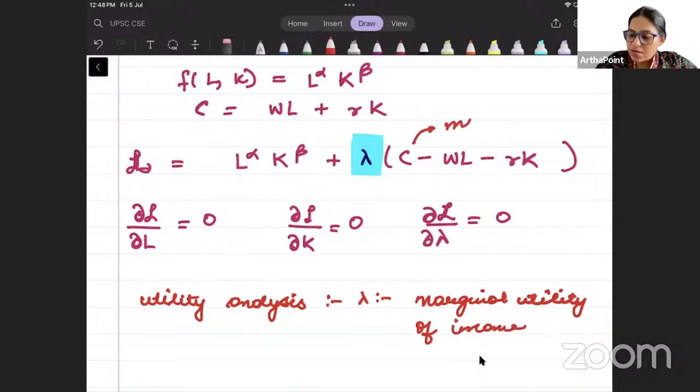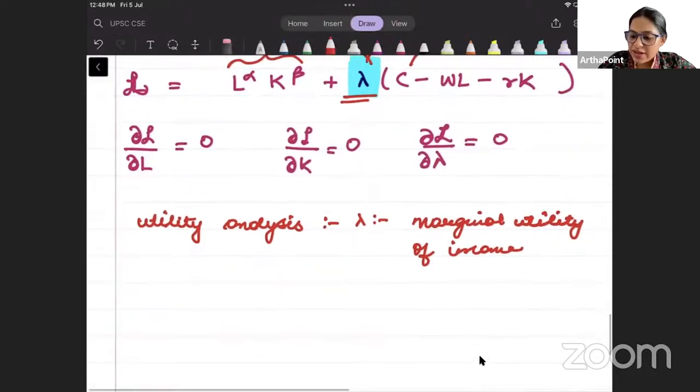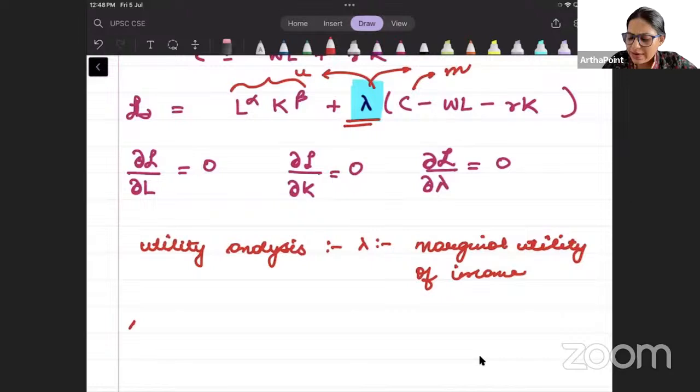Income was coming here. This was your utility function. And I told you lambda represents extra utility when income changes. So can you tell me what will be lambda here?